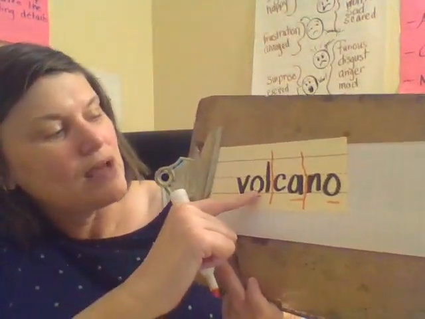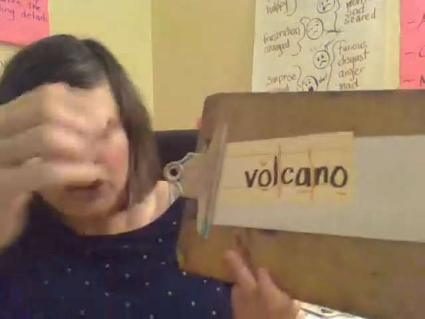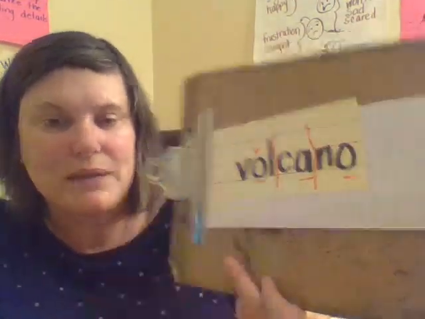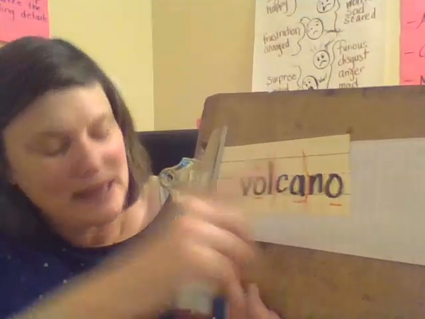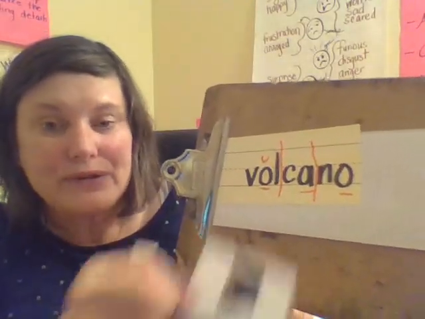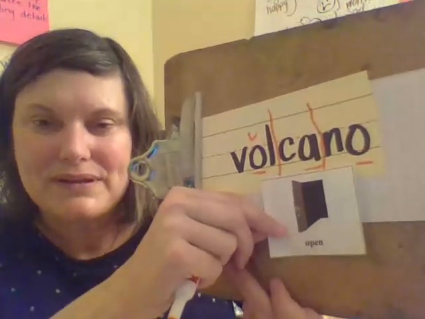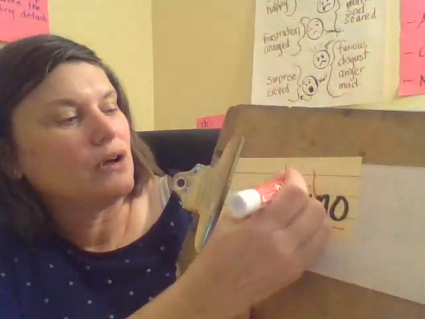Okay, so vowel, consonant, that's a short vowel because that's a closed syllable type. CA, so there's nothing after the A in that syllable. So this is an open syllable, which means a long vowel.